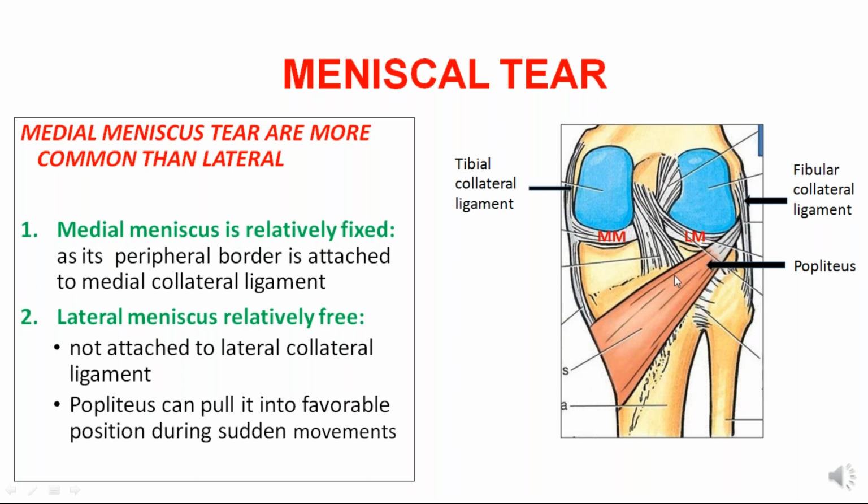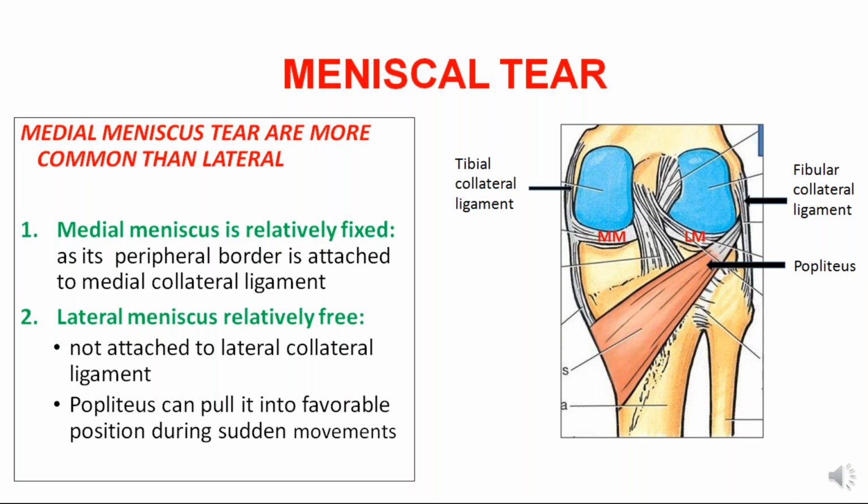This popliteus muscle is going to pull the lateral meniscus into more favorable positions whenever there is a sudden movement. So the lateral meniscus is relatively free to move on the tibia during sudden movements. But the medial meniscus, being more fixed, will be torn.